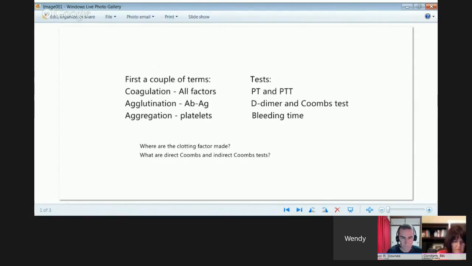And the indirect Coombs test is taking normal red blood cells added to the patient's serum to see if the serum has anti-red blood cell antibodies, surface immunoglobulin. It can also tell you if complement is present. Yes, it's antibodies or complement.